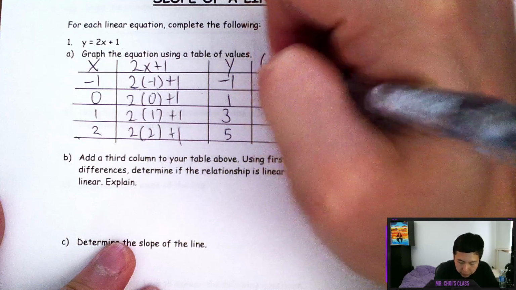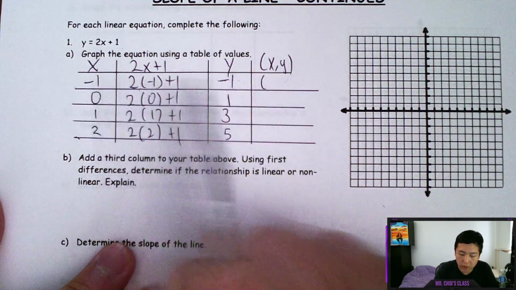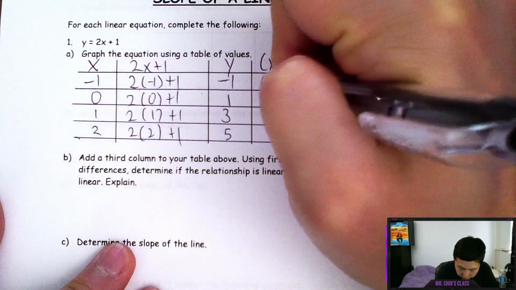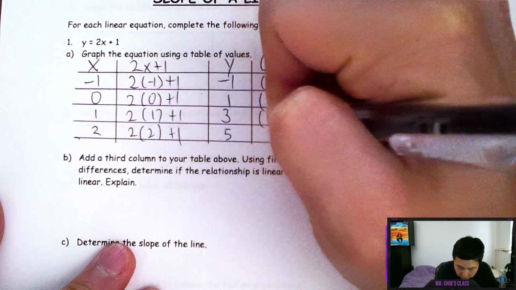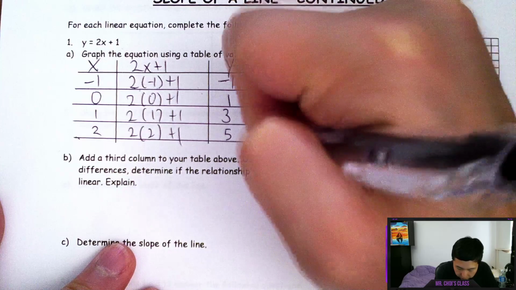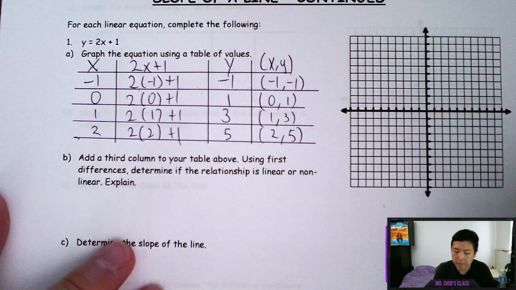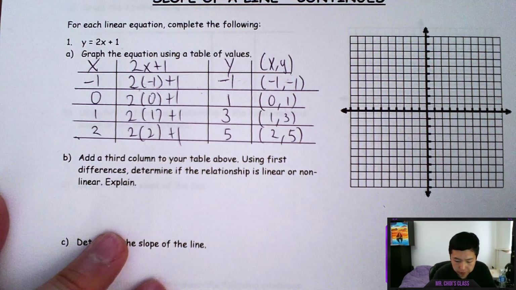Then when we figure out all the y's, we can now write our coordinates. So (-1, -1), (0, 1), (1, 3), (2, 5). Okay, so we're done there.